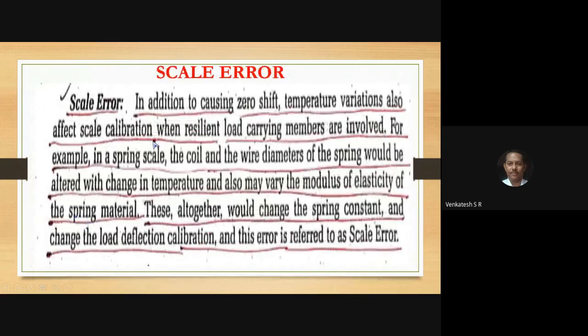And next come to the point, scale error. For example, consider a 0 to 10 pressure indicator, a pressure gauge which indicates the pressure from 0 to 10 kg per millimeter square.